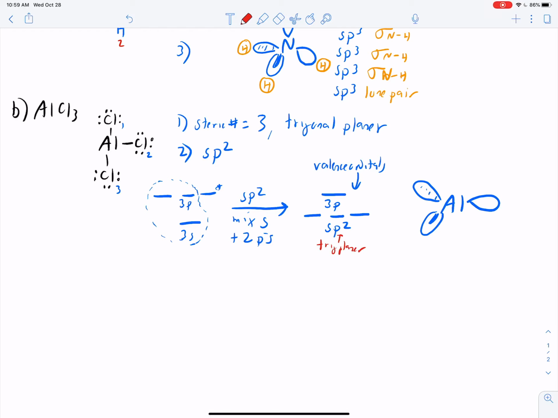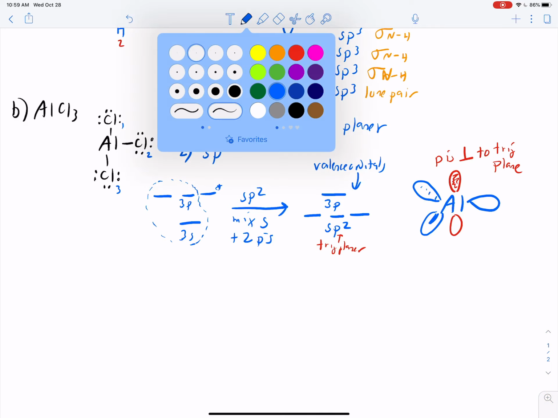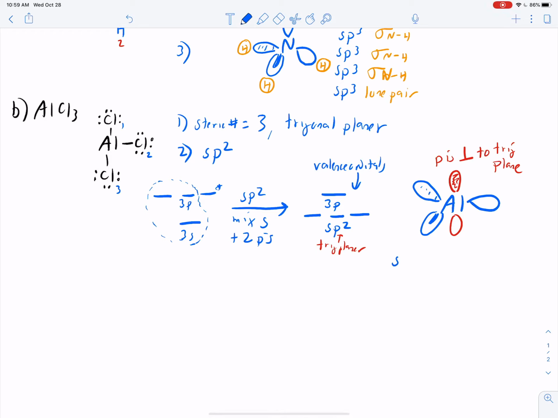And the p is perpendicular to that trigonal plane. But these are the 4 orbitals I need to assign, regardless of all of that.